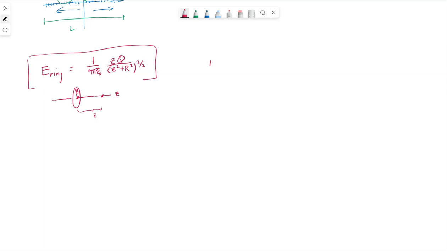Next to this, we have E for a disc. I believe they do this integration in the book where they add up all of these rings until they make up a full disc. But they've given us the solution and we will go ahead and use it. So just writing out the equation. The general setup is the same.